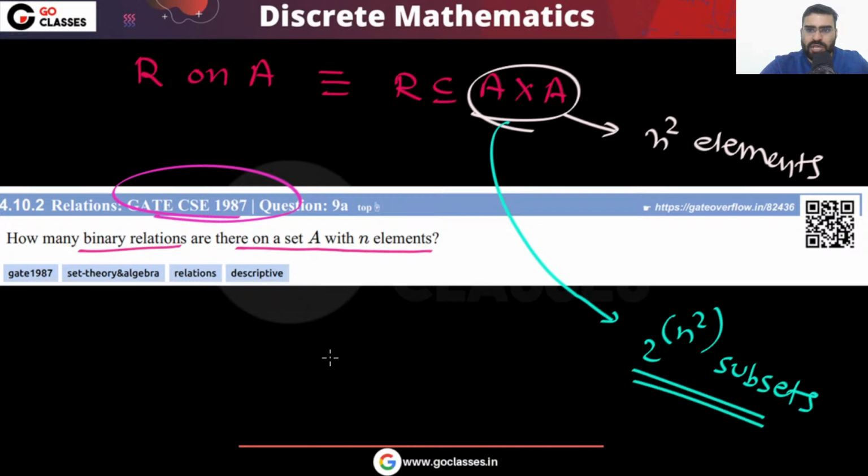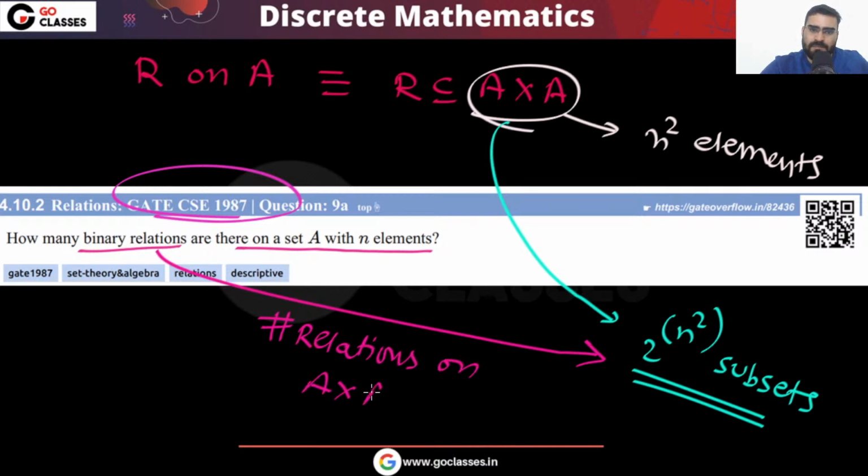If you can create these many subsets, that is your number of relations, that is your number of binary relations. On this A, how many relations are there?